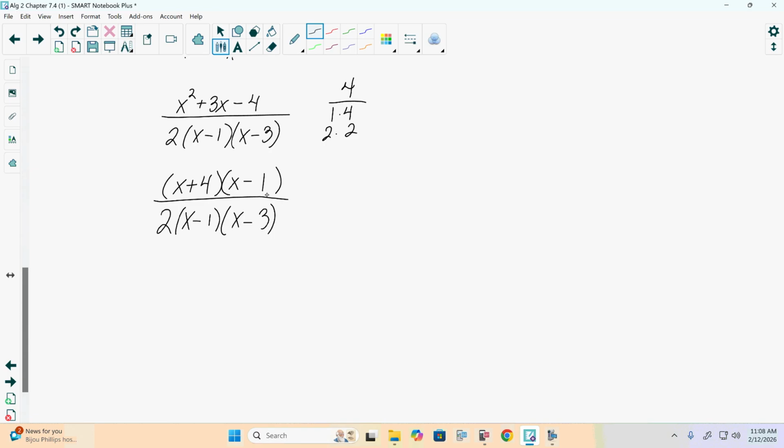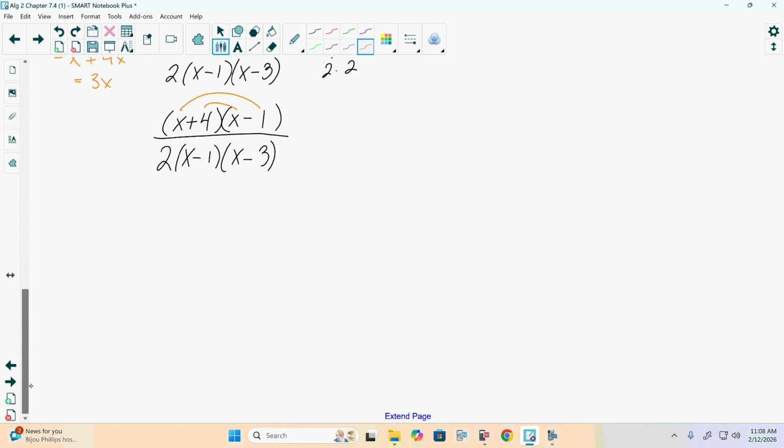Well, the reason I say it this way is because if something simplifies, what we have on bottom is x minus 1. So we'd want the 1 negative on top so that they match and cancel out. x times negative 1 is negative x. 4 times x is plus 4x. Negative 1 plus 4, negative x plus 4x gives us that positive 3x that we wanted.